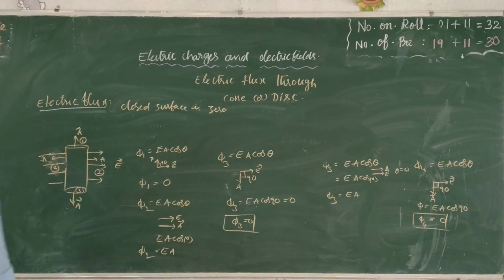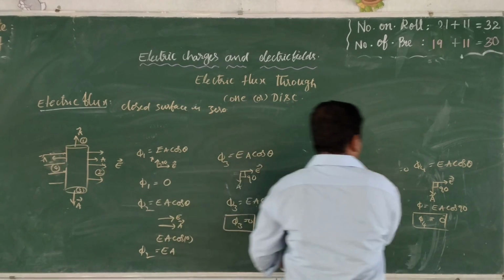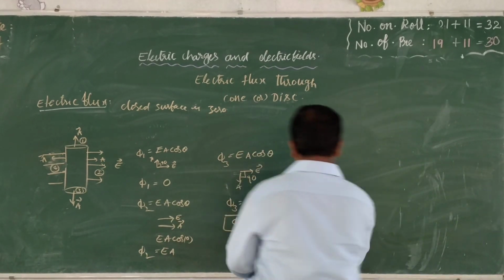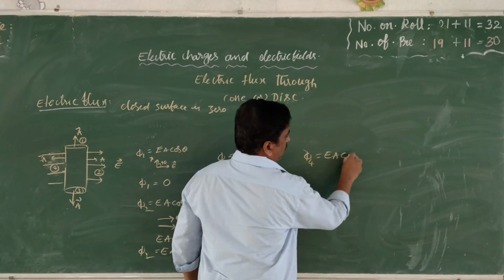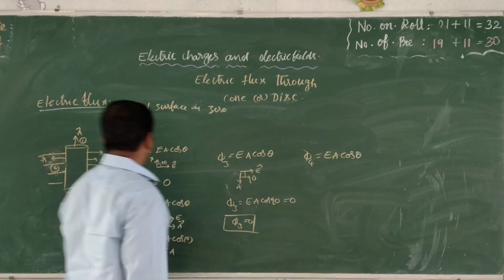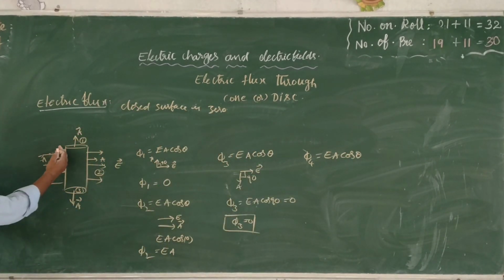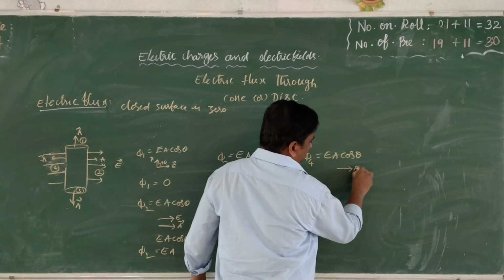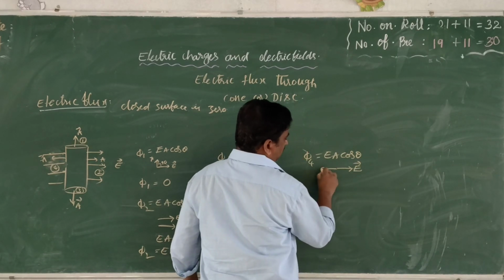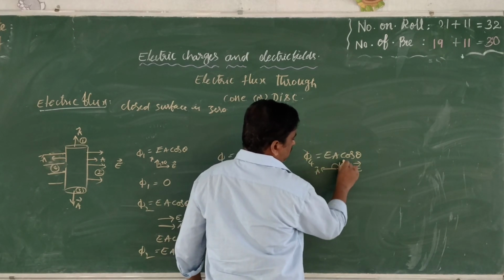Flux through the third surface is 0. We can take the fourth surface. The electric flux through the fourth surface we can write as EA cos theta. This is the direction of the electric field and this is the area vector. So the electric field is in this direction and the area vector in this direction. What is the angle now?